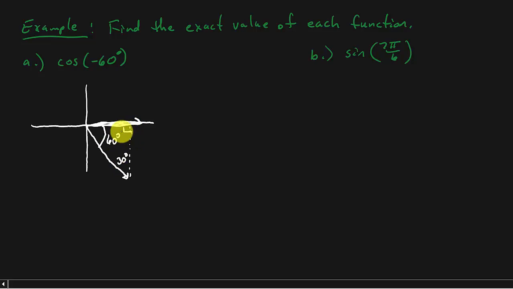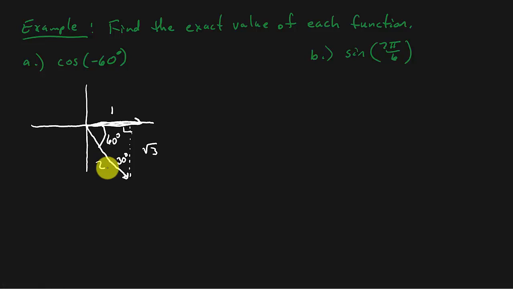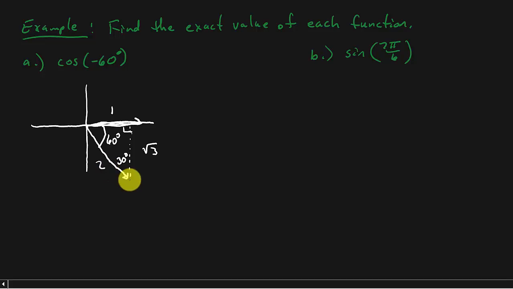All right, so now let's just label the triangle. So remember, the side opposite 30 is 1, the side opposite 60 is square root of 3, and the hypotenuse is 2. Now, if we look at this point here, it would be the point 1, negative square root of 3, right?